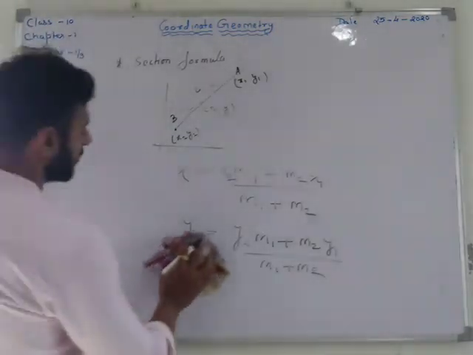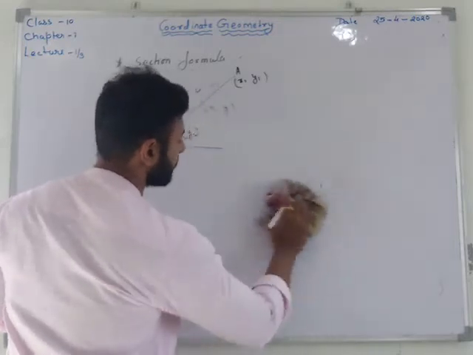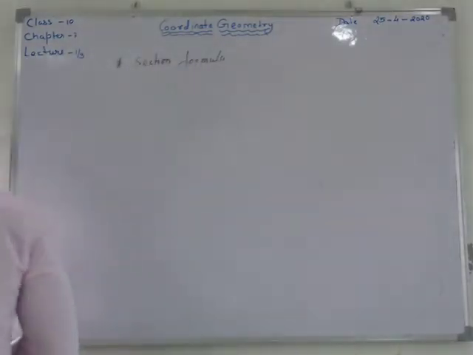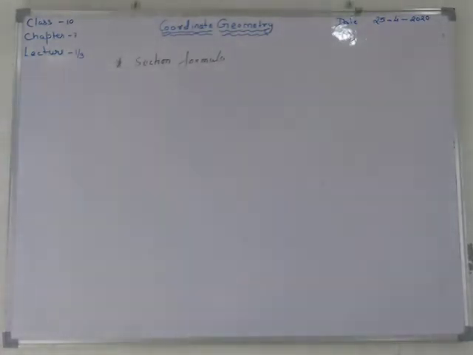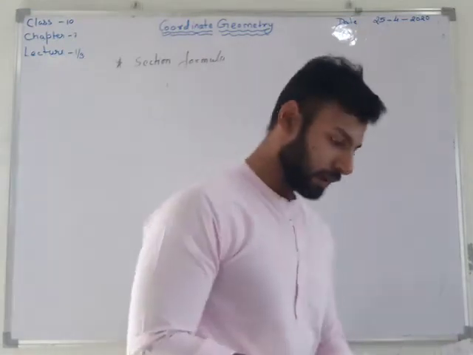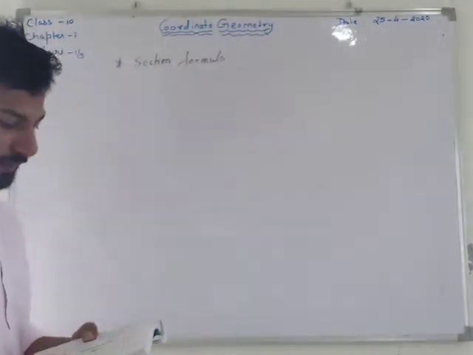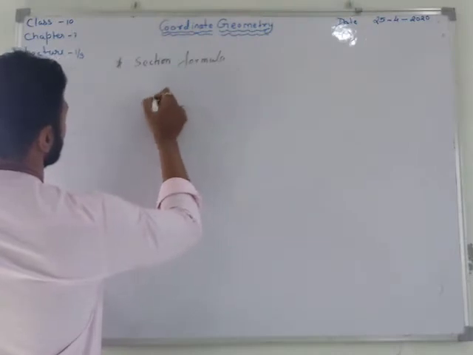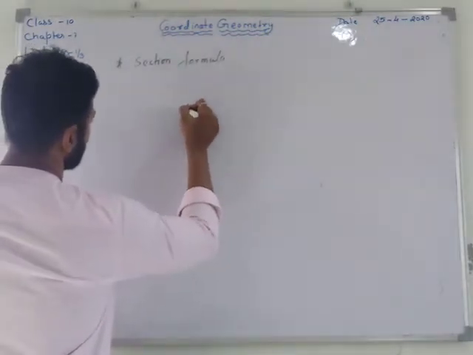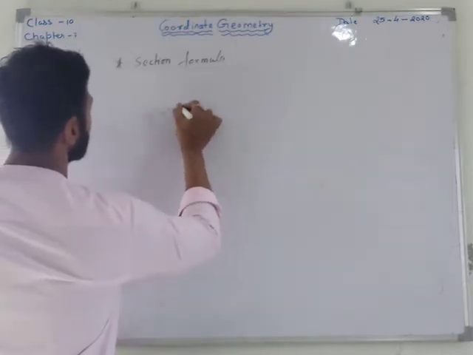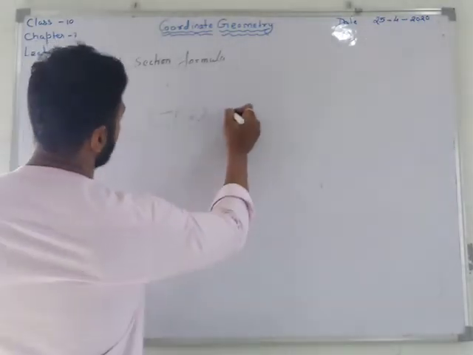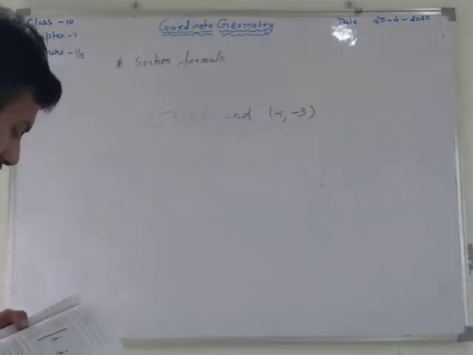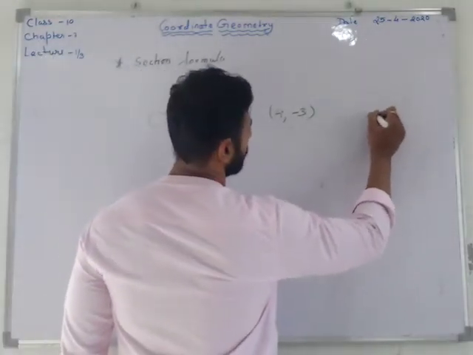Let us see a question based on this section formula. The question says: find the coordinates of the point which divides the join of minus 1, 7 and 4, minus 3 in the ratio 2:3.